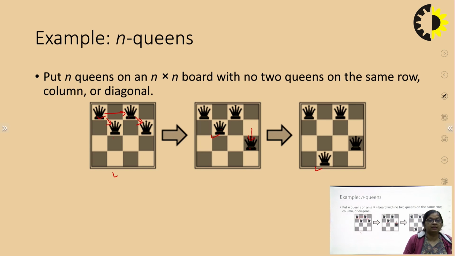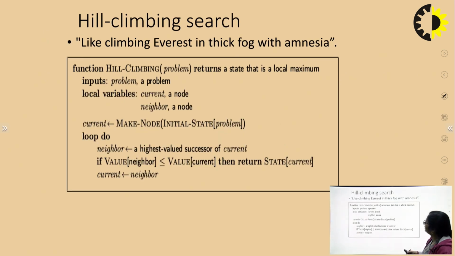Hill climbing says that it is like climbing Everest. It means we have to improve; climbing Everest means we have to go upward. Now, upward in terms of what? The objective function. Our objective is to satisfy all the constraints, so our solution should be better. So it is just like climbing Everest.